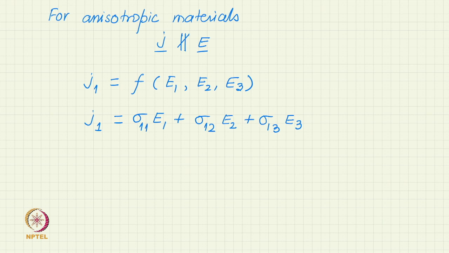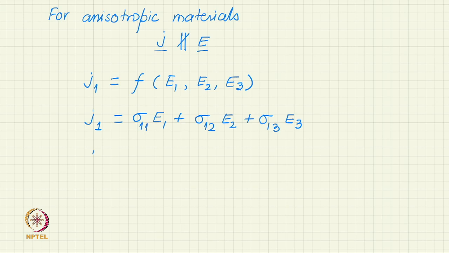So, sigma 1 1 is the constant which relates E 1 to J 1. Similarly, sigma 1 2 is the constant which relates E 2 to J 1 and so on. So, with this kind of convention we can write the second component J 2 equals sigma 2 1 E 1 plus sigma 2 2 E 2.